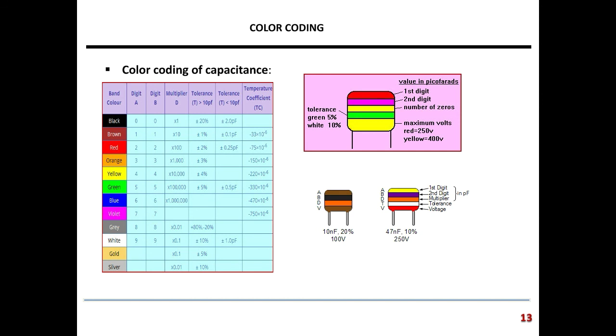I have given 2 examples based on the table beside the color coding table. This color coding can be calculated based on this table, and we have to remember this table to calculate the capacitance value.